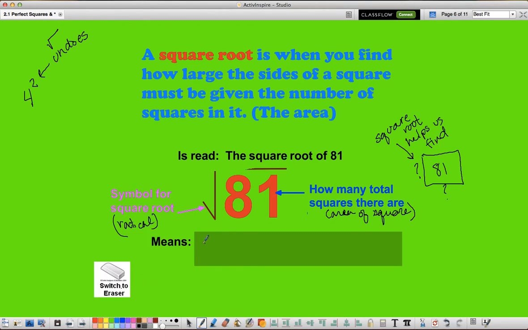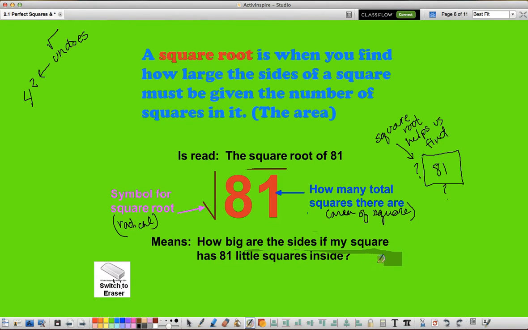So what this means is, and I can't click on that, there we go. What it's asking you to find is how big are the sides if my square has 81 little squares inside of it. How big are my sides if the area is 81?